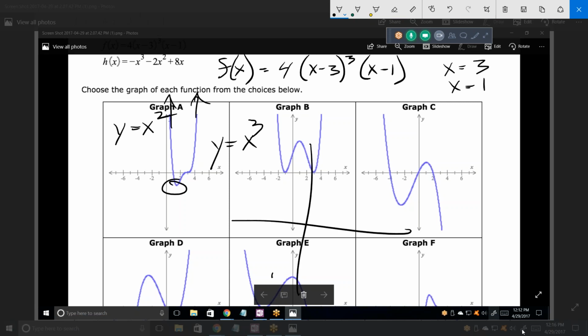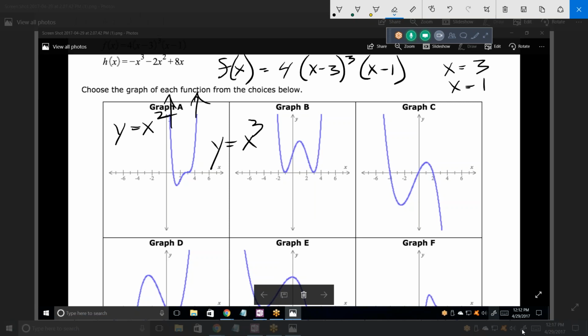If I look at y equal x cubed, notice I don't have any extrema, and yet I still have a third degree polynomial. So you don't have to have as many extrema, one less than the degree of the polynomial. That's just the maximum you can have. It's just the limit. You can have fewer. So the fact that I only see one here doesn't mean it can't be a quartic. And in fact, it is that function.